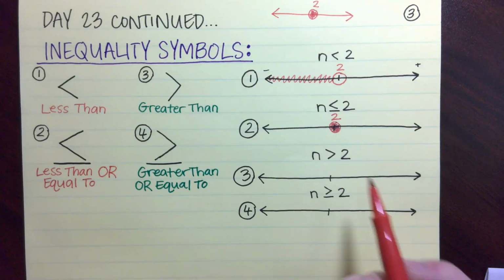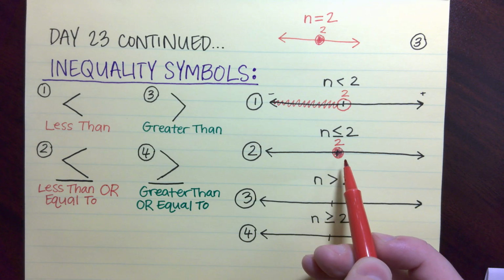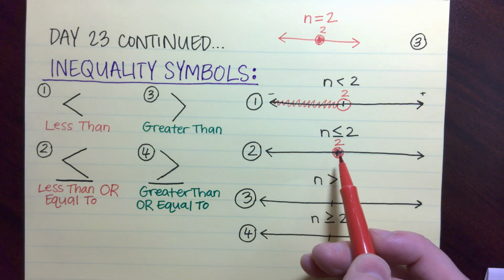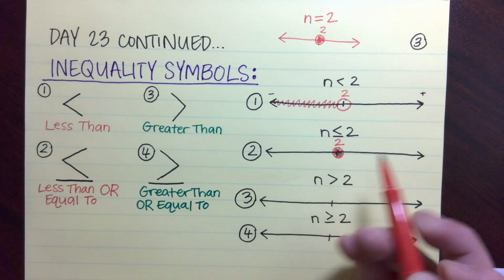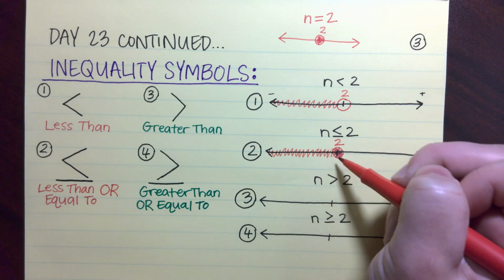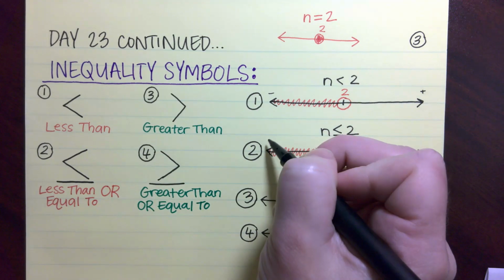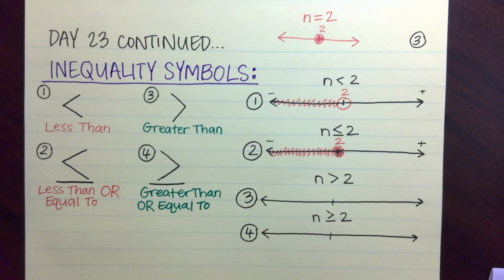So we have that n is equal to 2 here. Now I just need to show how it can also be less than 2. What am I going to do? I'm going to shade to where it's less. It's the same thing as before, except for now 2 is included. So we color it in. It's not so scary once we get down to it. It's not so bad, guys. We're just coloring.